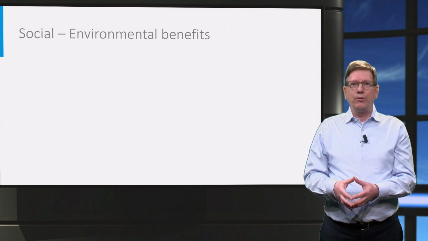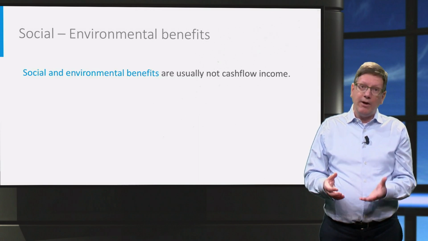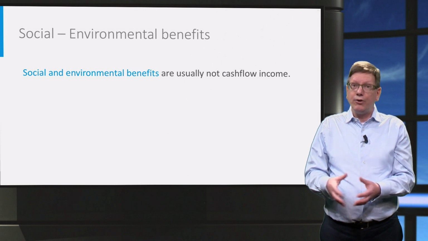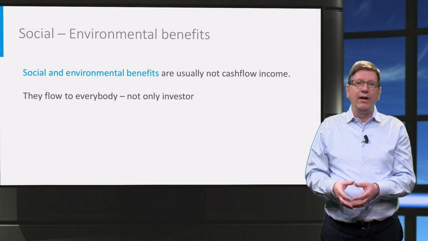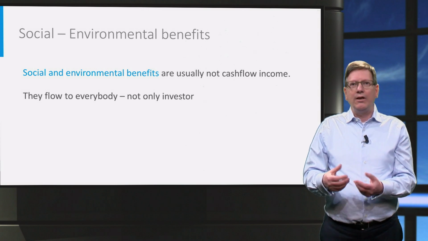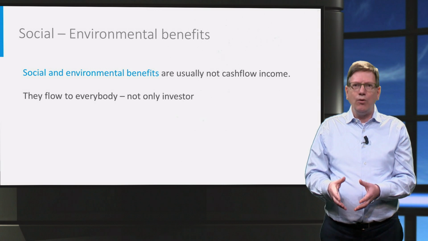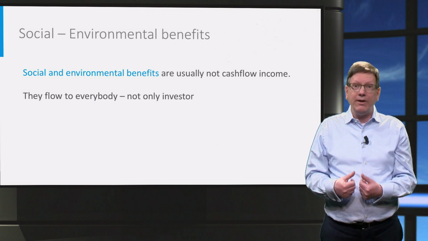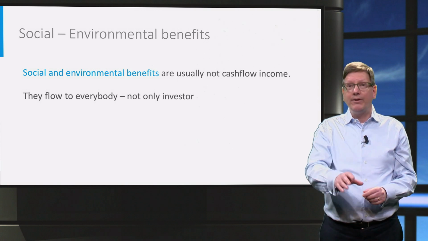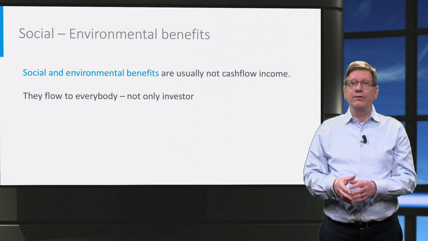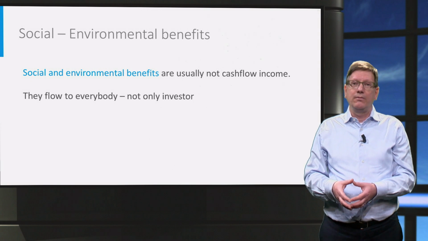Often an investment proposal has significant social and environmental and other benefits on top of, say, its cash flows, or maybe instead of its cash flows. These additional benefits usually flow to everybody, not only to the investor. Everybody enjoys cleaner air, fewer traffic jams, less CO2 emissions and better coastal defences.